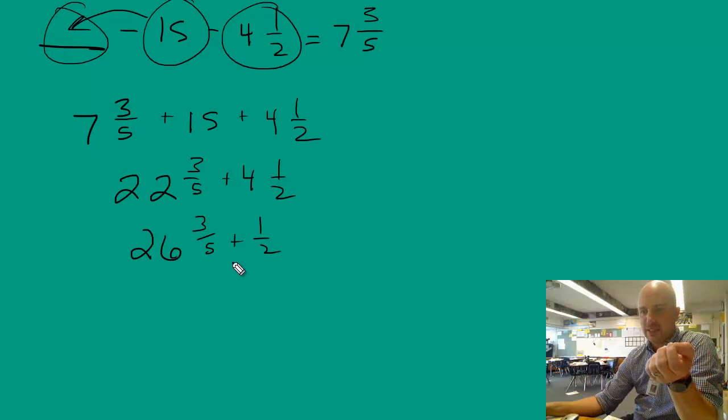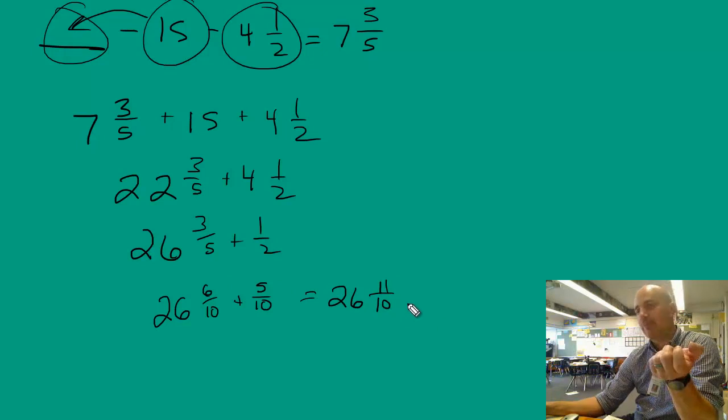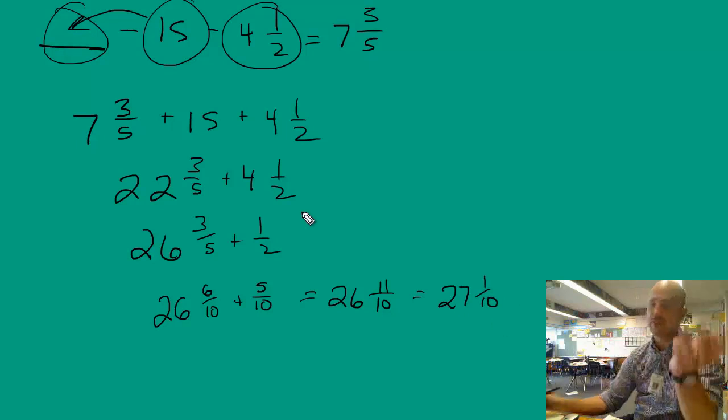To turn them into tenths, I would just double this one, so I have 26 and 6/10. And I know that 1/2 in tenths would be 5/10. And so I'm going to get a total of 26 and 11/10. And that's improper. I actually have 10/10 there, that's a whole, so I'm actually going to have 27 and 1/10.